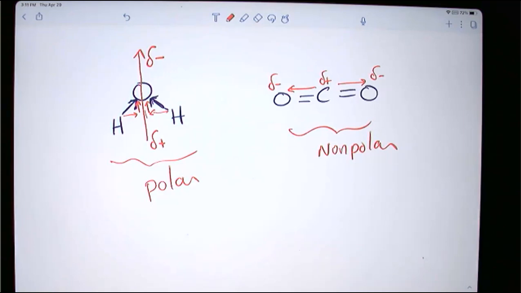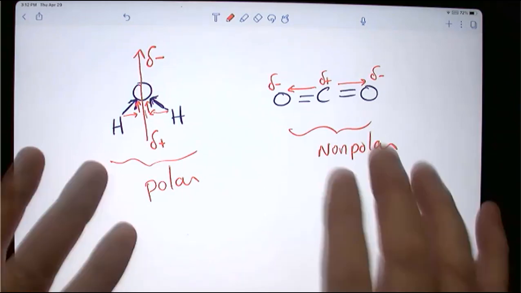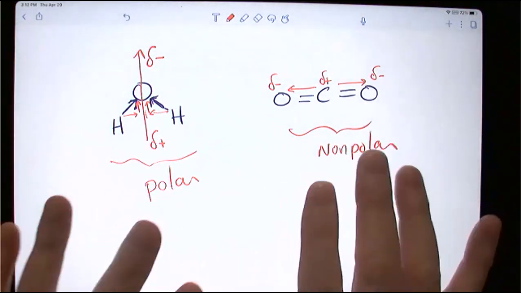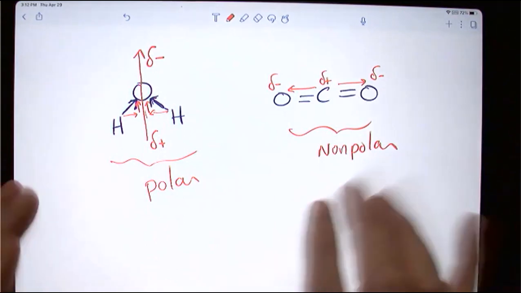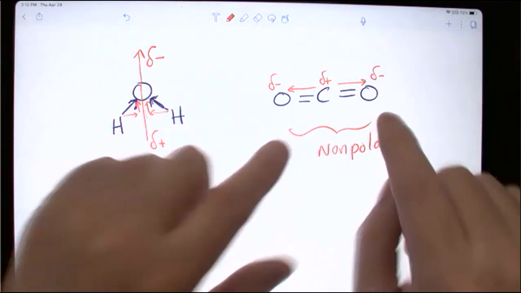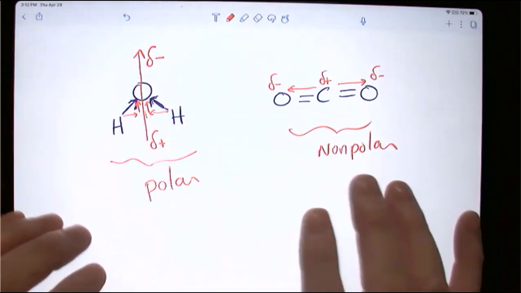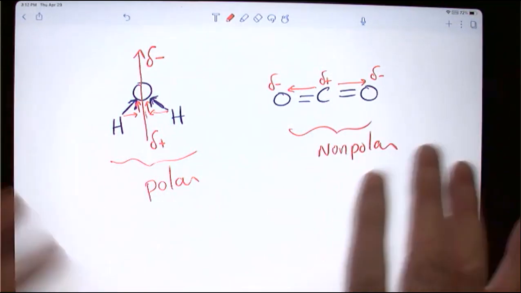What if there were 2 polar bonds, but they were different? So in these 2 examples, the 2 polar bonds were identical, right? There's 2 OHs or there's 2 COs. They were identical. It depended on the shape, whether it was polar or not.